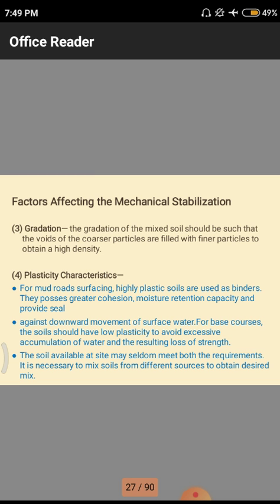After that, physical, mechanical and gradation is over. Next we have to go for plasticity characteristics. First of all, the plasticity characteristics means this plasticity index that we have observed in geotechnical engineering. In geotechnical engineering, we have this plasticity index experiment. In this particular experiment, we have to add some 2 to 3% of water to the soil.